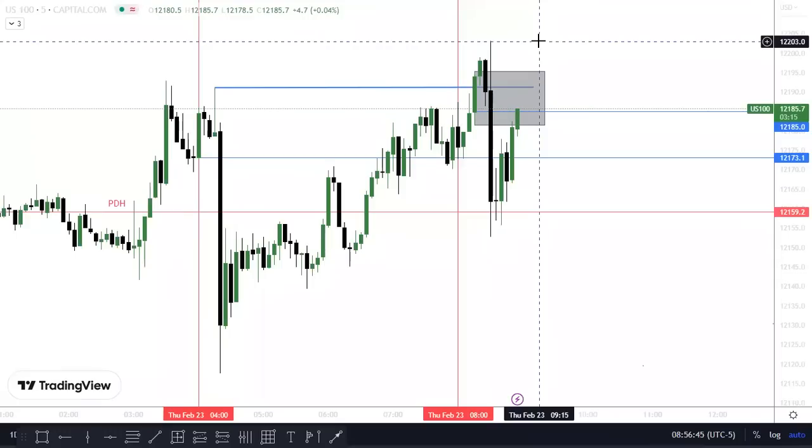There we go. So I got a limit tagged in. Risk is managed. Waiting for 8:58. So this entry, perfectly fine in my book.